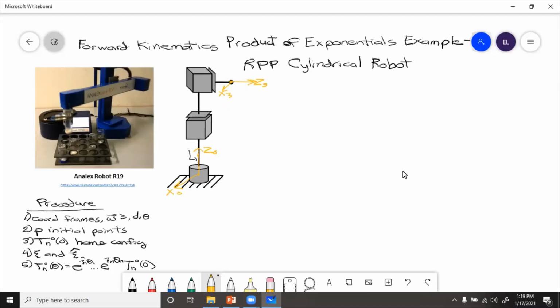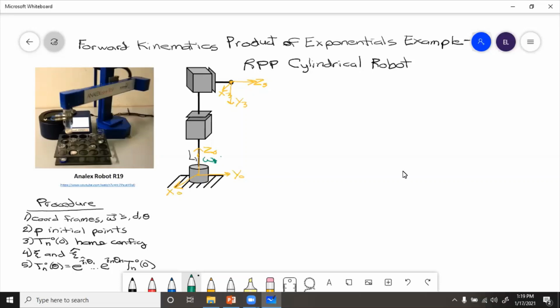And then the y vectors, this will be y0, and then pointing down, we have y3. So next, the omegas. Well, for the revolute joint, that is just the same as the z-axis vector. So omega 1, since this is the first joint.